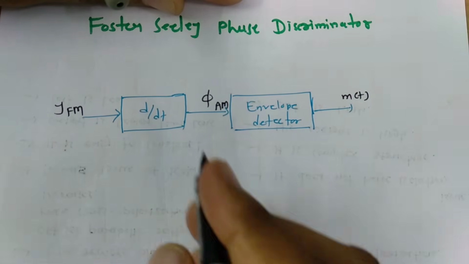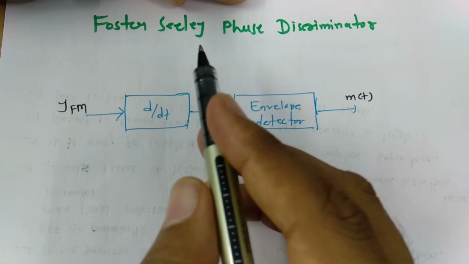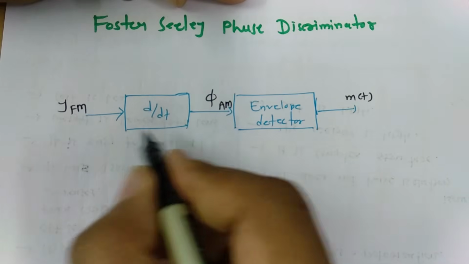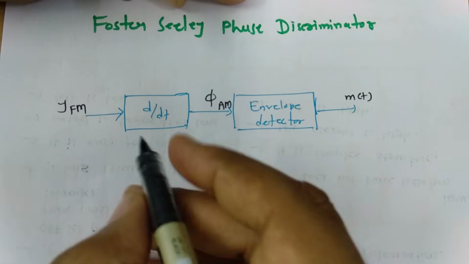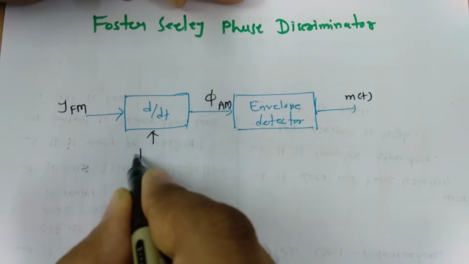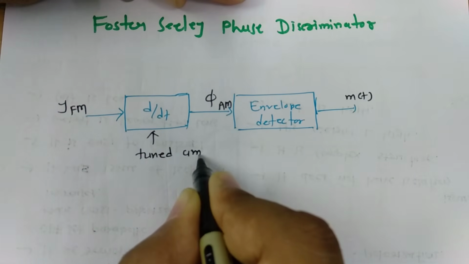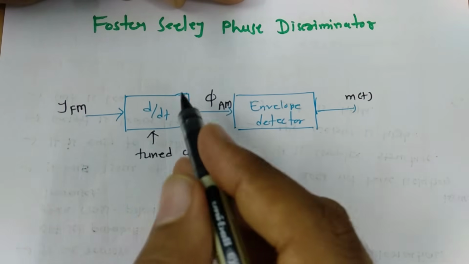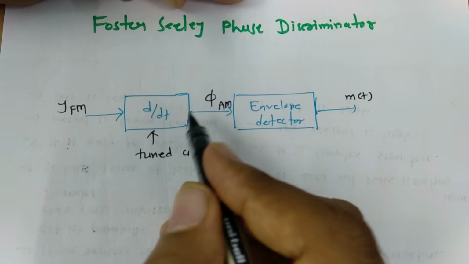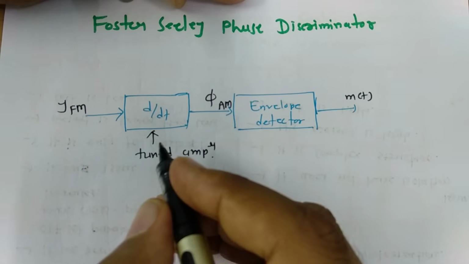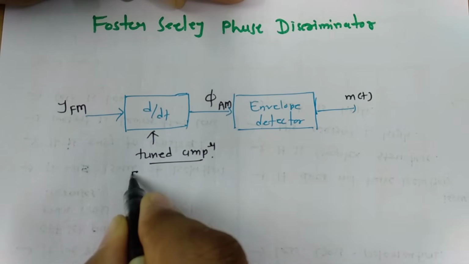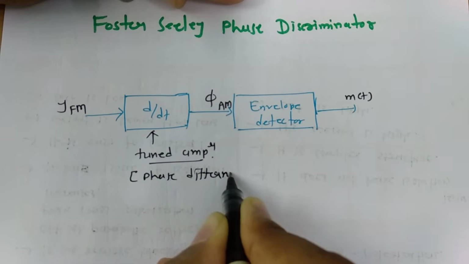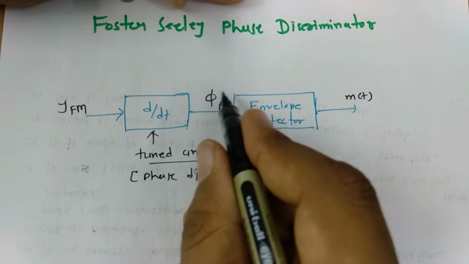Over here we have the message signal. In my previous session where I explained the frequency discriminator, we used a tuned amplifier. In the phase discriminator we will also be using a tuned amplifier here, and in it we will be doing a phase difference calculation at the output side to get amplitude, to calculate phi of AM.